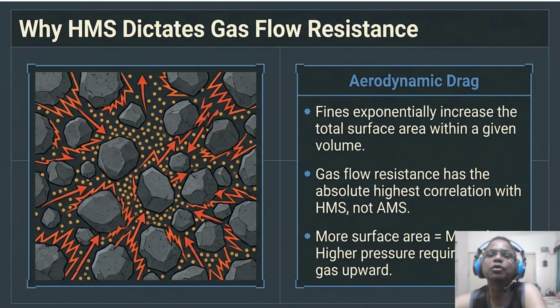When coke breaks down, those teeny fines exponentially increase the total surface area within a given volume of the burden. More surface area means more drag, which requires higher blast pressure to force the gas upward. This is why metallurgical research proves that gas flow resistance has the absolute highest correlation with HMS, not AMS.